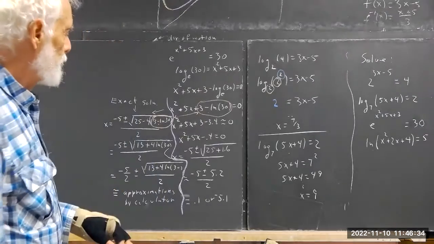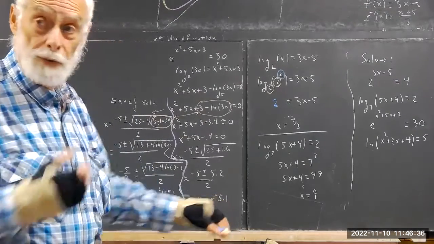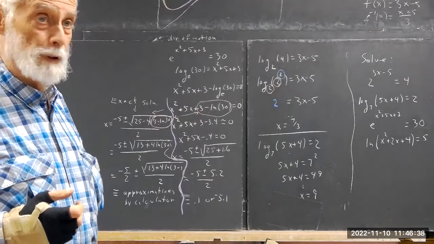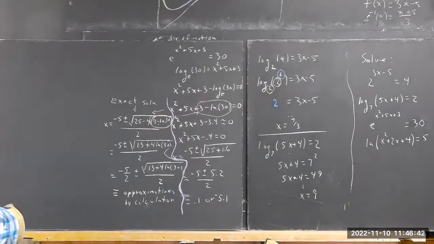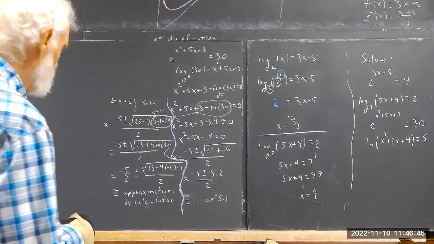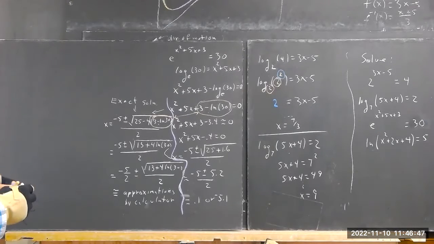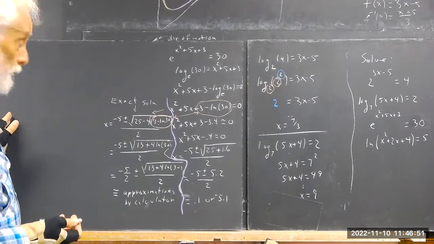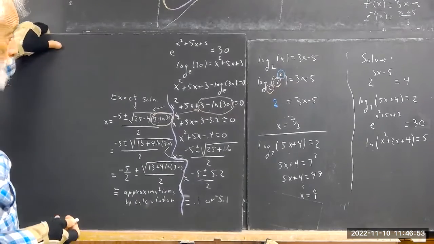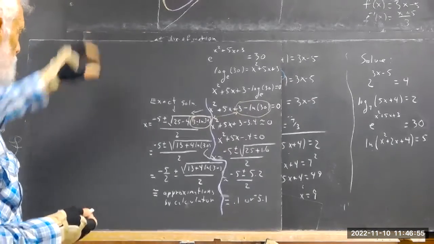If you do this, you're going to get something reasonably close to negative 0.1 and 0.1 and negative 0.1. Okay, the last one, and I better move over a little bit.